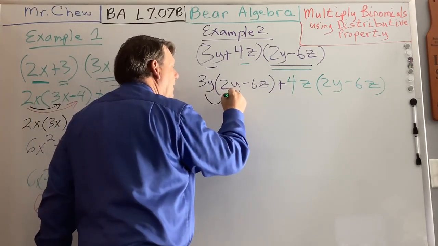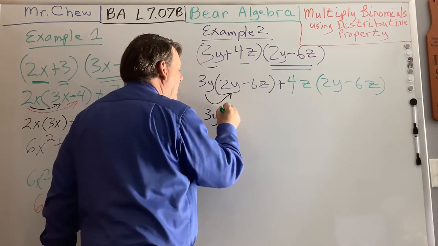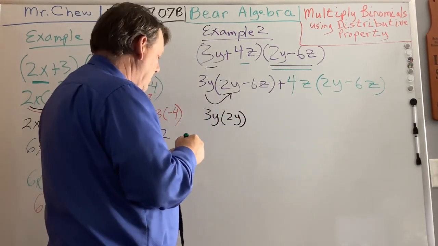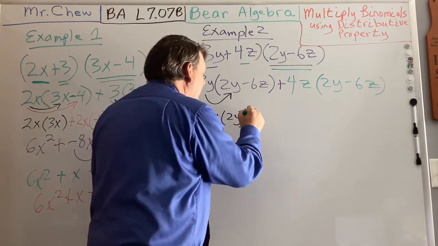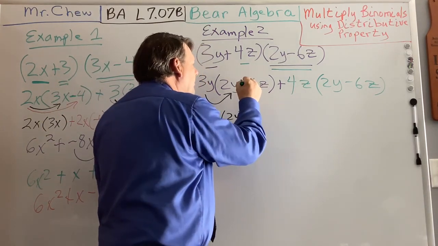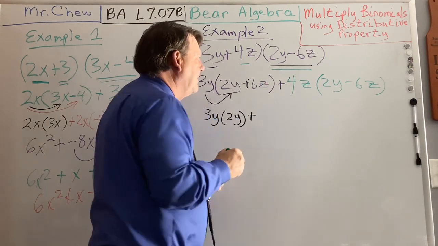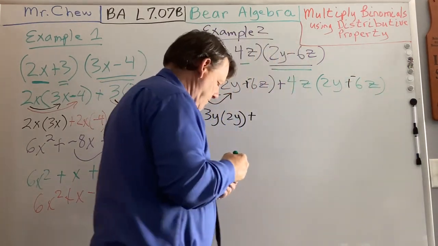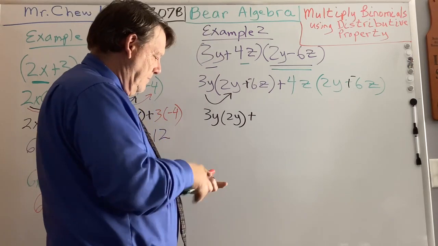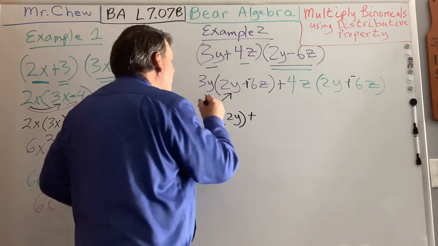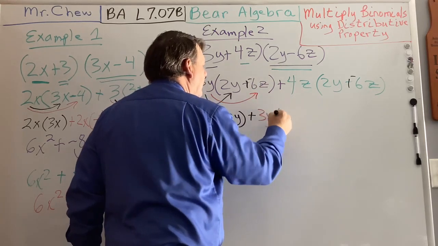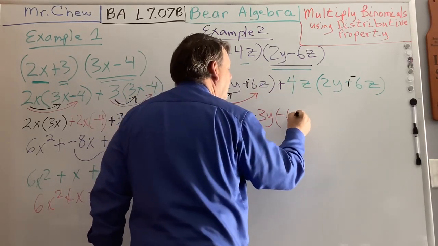Distributive property. So that's 3y times 2y plus, and let's change that minus to plus a negative 6z. It just makes it much easier. And then you do your 3y times your negative 6z.